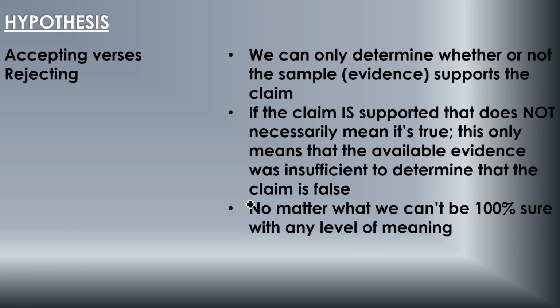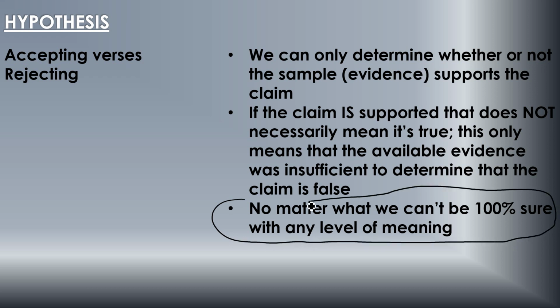Important to note that we are never going to be 100% sure of what the population is. We can only say whether our sample supports our claim or does not support our claim. We cannot make a truth statement. It is actually possible that our sample just was not really representative of the population at all.